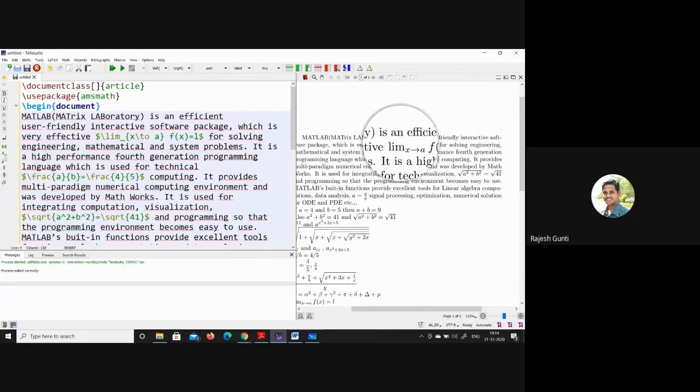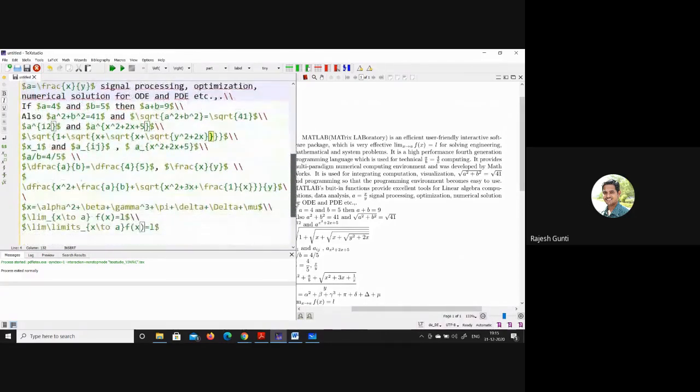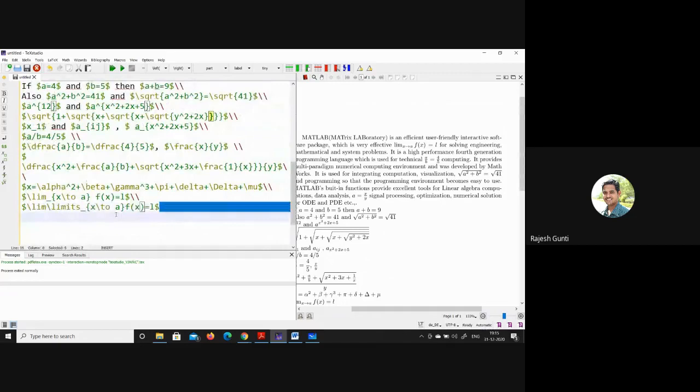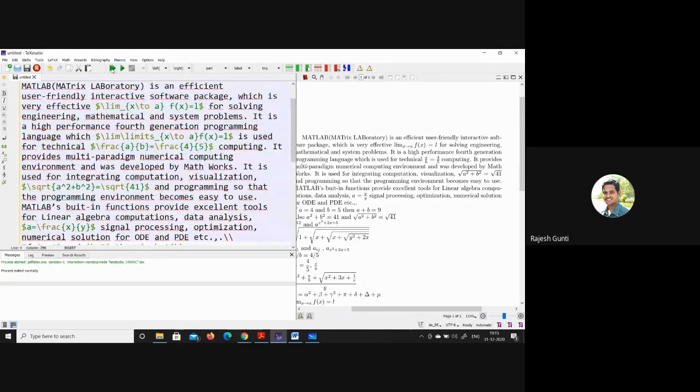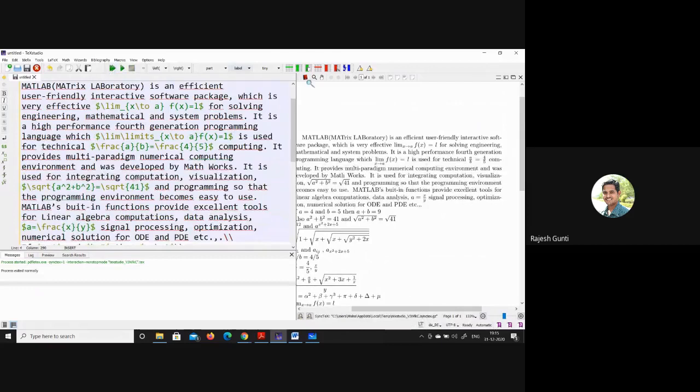The line spacing is not disturbed. Suppose if you give the other command, I copy this one, Control C, and below in the next line I give Control V. We run this. You see this, one extra space is occupied. Am I correct?